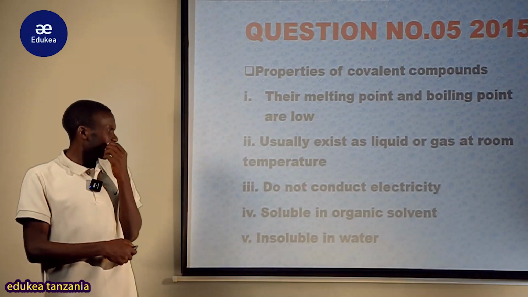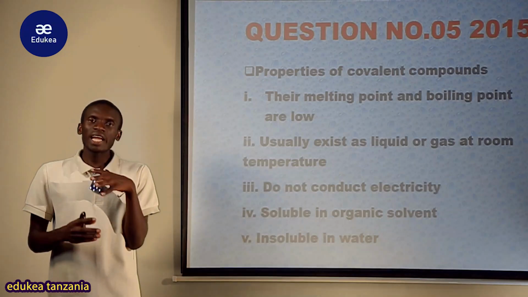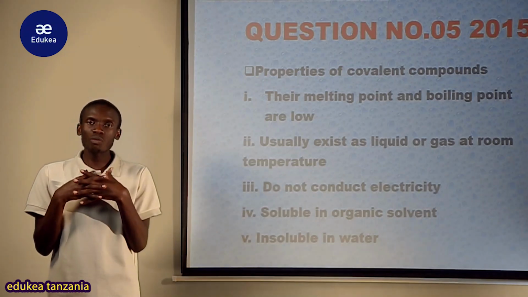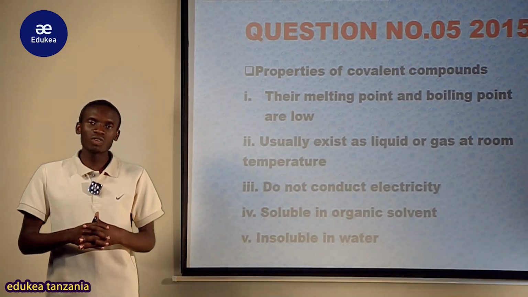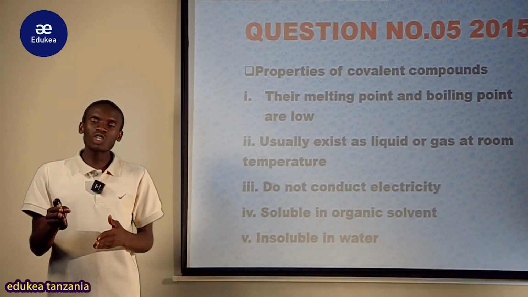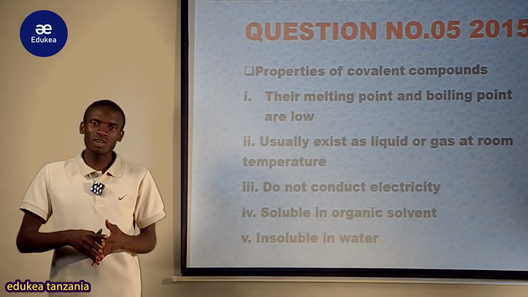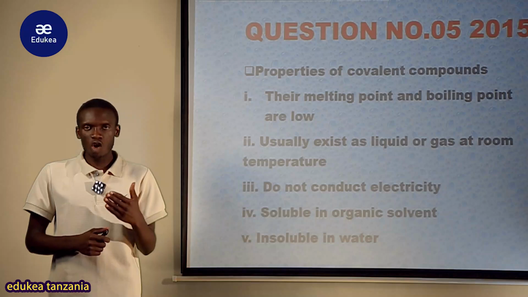Also they are soluble in organic solvent. Covalent compound ni soluble kwenye organic solvent. Kwa hiyo ukichukua covalent compound ikidissolve kwenye organic solvent, hiyo maana yake unajua kwamba hiyo ni covalent compound.